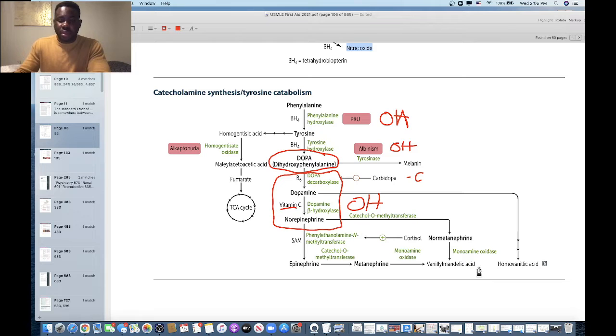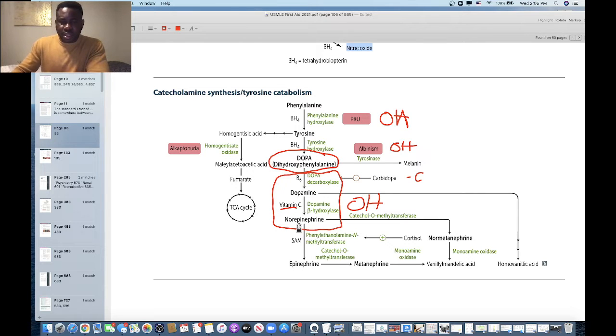Fight or flight. So they cannot have that fight or flight, and they'll be feeling sleepy instead of awake and active. If somebody has vitamin C deficiency, they can also lack anything from below. If they lack vitamin B6, they will lack everything from above: dopamine will be decreased and all other things will decrease. If they lack vitamin C, dopamine will be normal, but everything after it will decrease.